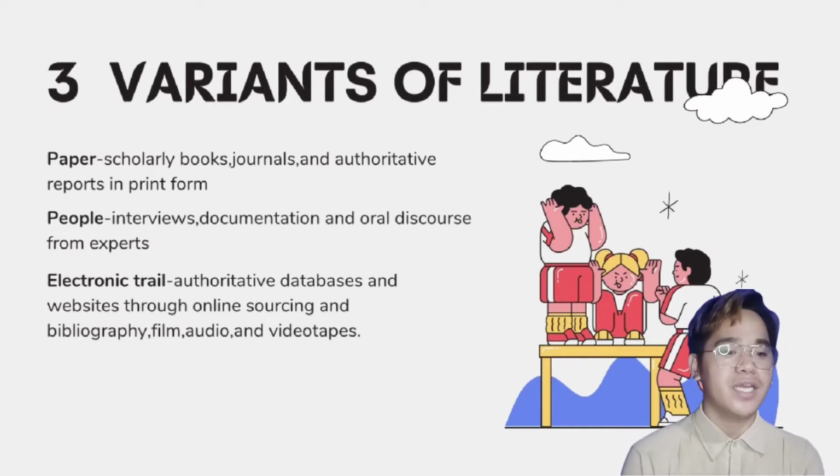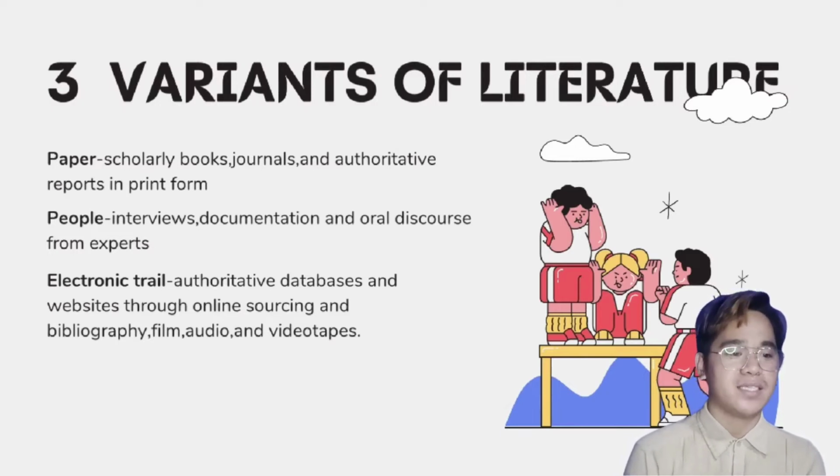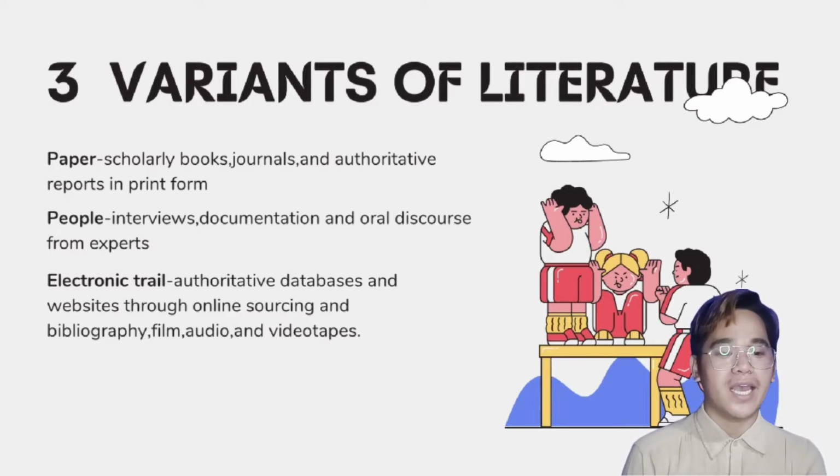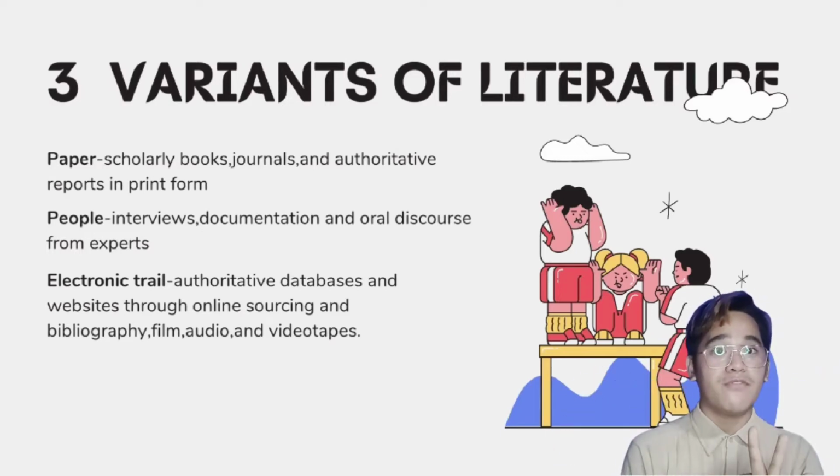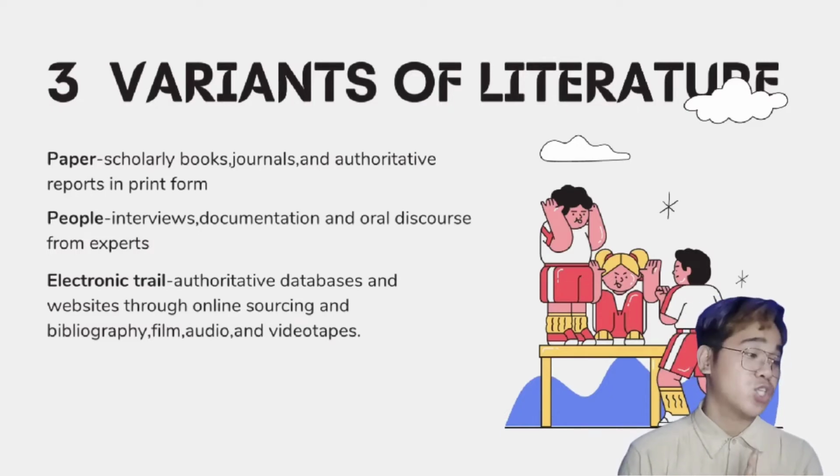And we have the third, electronic trail, which means authoritative databases and websites through online sourcing and bibliography, film, audio, and videotape. Those are the 3 variants of literature: first, the paper, second, the people, and third, the electronic trail.